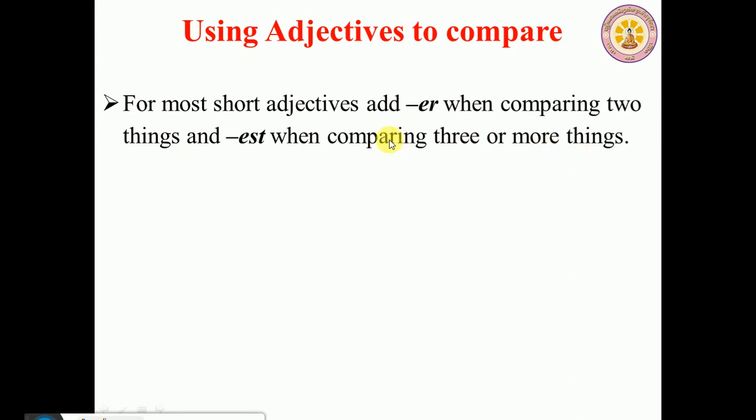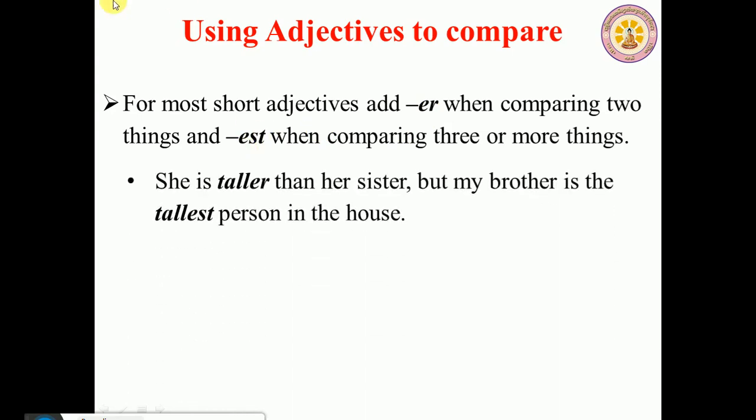So in the comparative degree we use er for a short adjective, and in the superlative degree we add est at the end of the short adjective, to compare three or more things or persons.